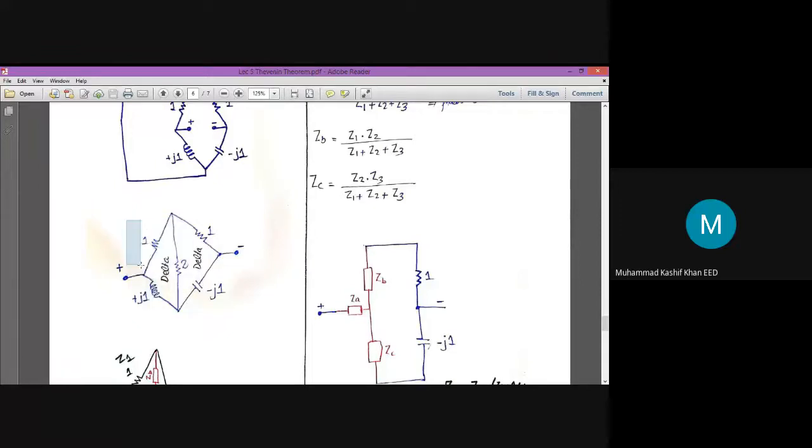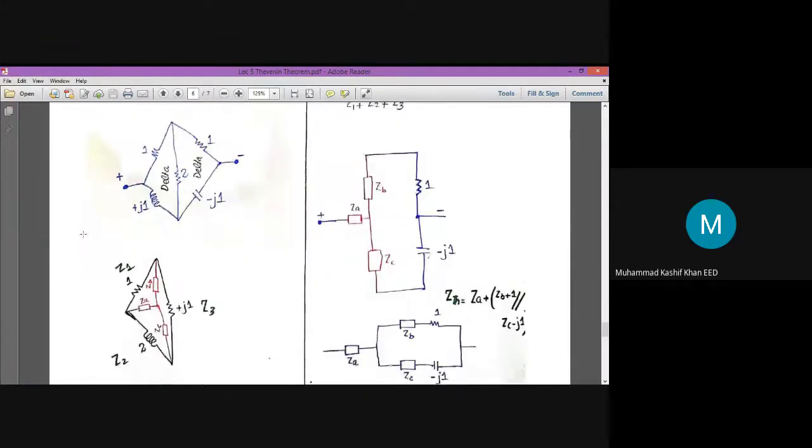Either you convert this delta network into a star network, or you convert this delta network into a star network. Now I have chosen this delta network and I will convert this portion into a star network. This is this 1 ohm resistor, this 2 ohm inductor, and this plus j1 ohm.